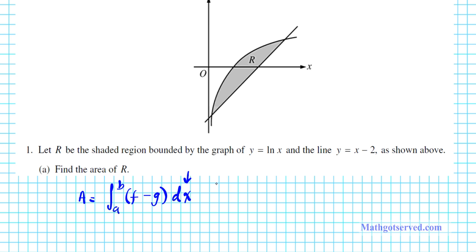So let's go ahead and put in the intersection. You can use your calculator to do this. Hopefully you know how to find the points of intersection using your calculator. If you don't, I have a lot of tutorials that go over that in detail. So you just find the points of intersection using your calculator.